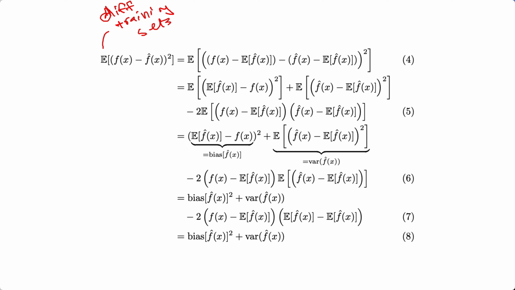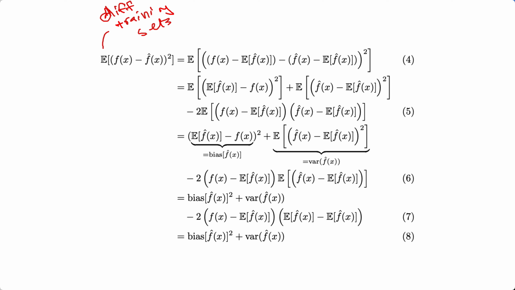If we had a different sample of the population for our training set, we would get a different estimate from our machine learning system, right? So the difference between the true relationship and our machine learning system's prediction is going to be different for different training sets. So we're averaging over different training sets here. That's the idea. On average over different training sets, what do we see? That's what this big E is.